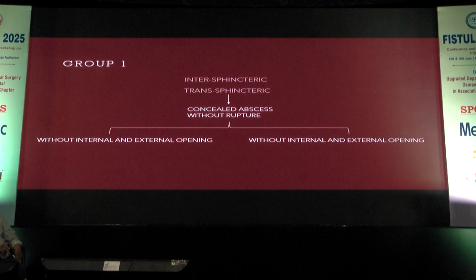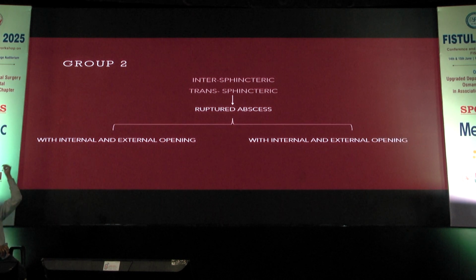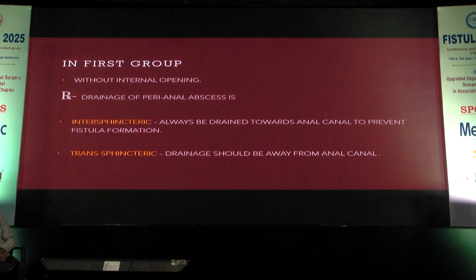In group 1, intersphincteric and transsphincteric, it is a concealed abscess without any rupture, without internal and external opening. Another group is the ruptured abscess with internal and external opening. In the first group, without internal opening, only the abscess is there.